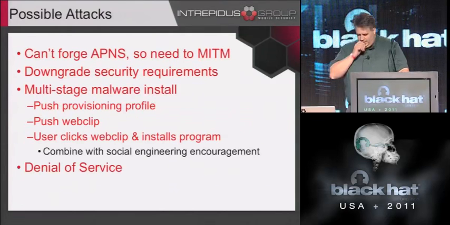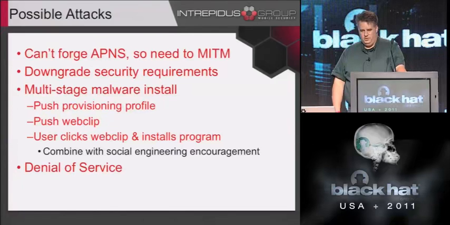So what are some possible attacks? Getting into the Apple push notification system, trying to forge APNS messages is pretty difficult. I'm not sure how I could really go about that because of all the validation that it does. So we need to man in the middle the device.